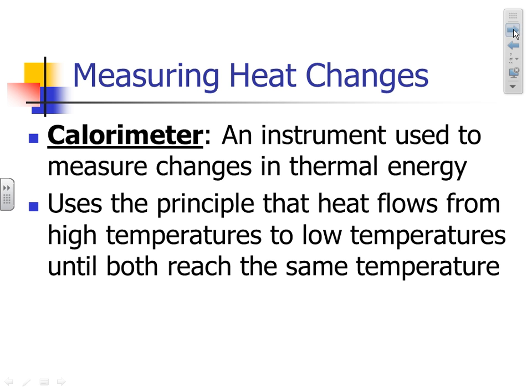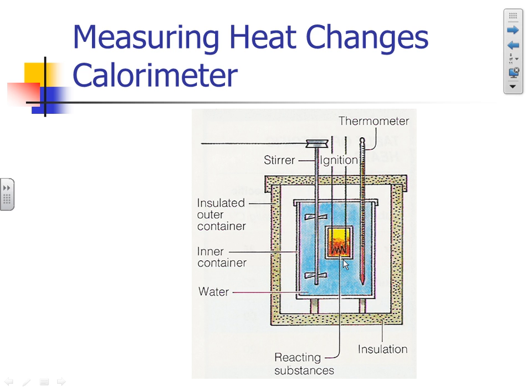Okay. So, here's how the calorimeter works. Your calorimeter isn't going to look as fancy as this. Your calorimeter is going to be a styrofoam cup with a lid on it. But it works. So you want an insulator that goes around the outside. Why?